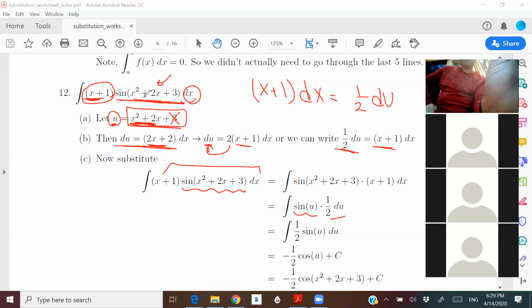Sine of the expression becomes sine u. The x plus 1 dx package becomes half du. It becomes half of the integral of sine u, which is cosine, and we have finished our work.